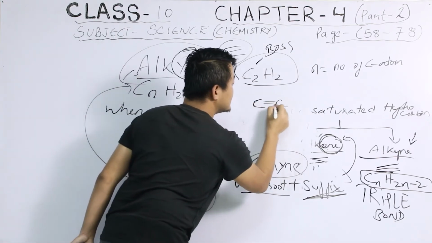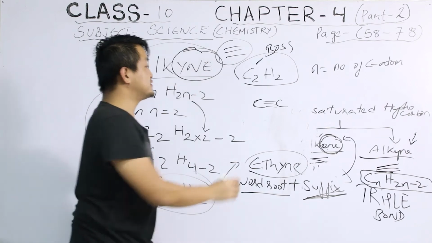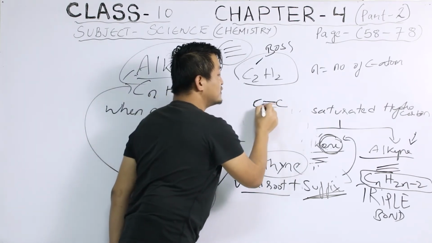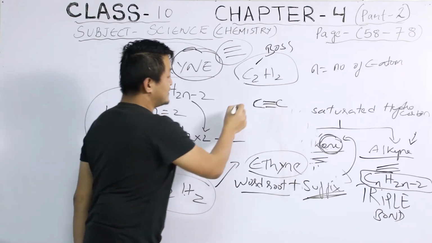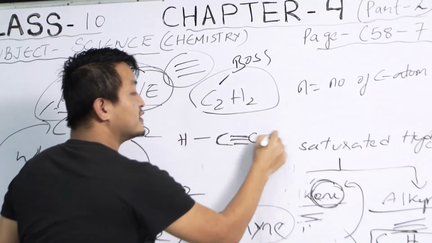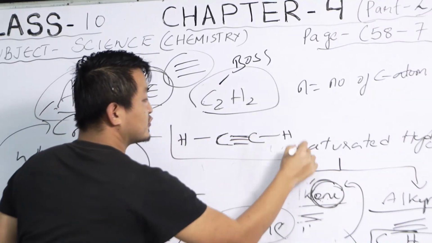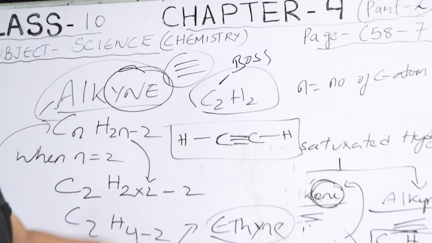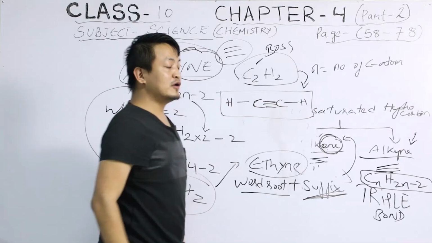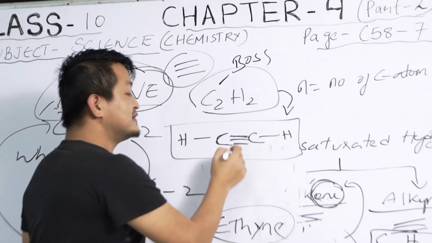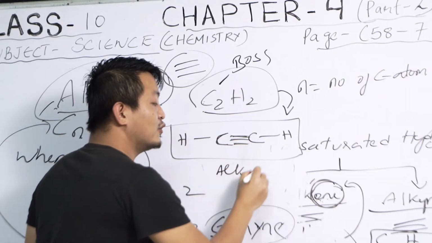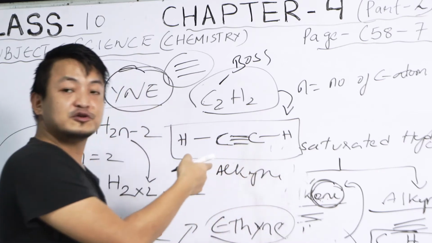Now, this is to do with a triple bond, right? So, students, there will be a triple bond here: 1, 2, 3. Now, we have 2 hydrogen, right? So, 1 hydrogen here, 1 hydrogen here. So this is the structure for C2H2. Just by looking at this structure, we can say that this is an alkyne, because we see this triple bond.